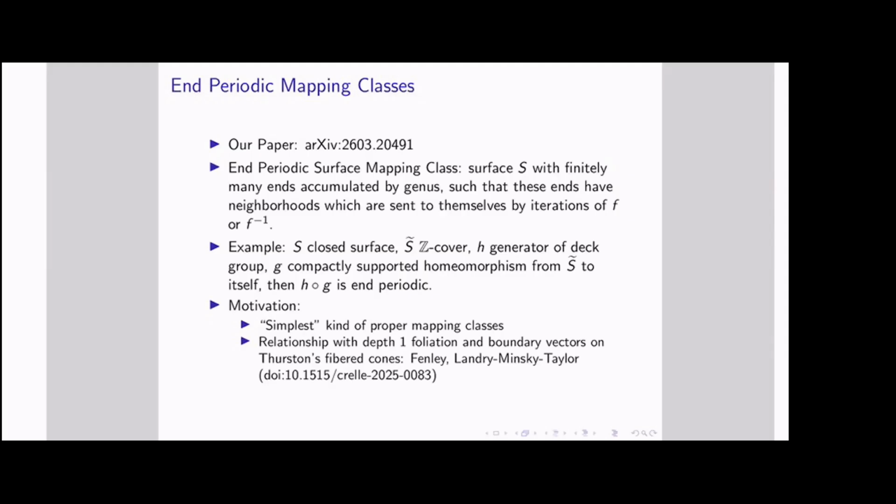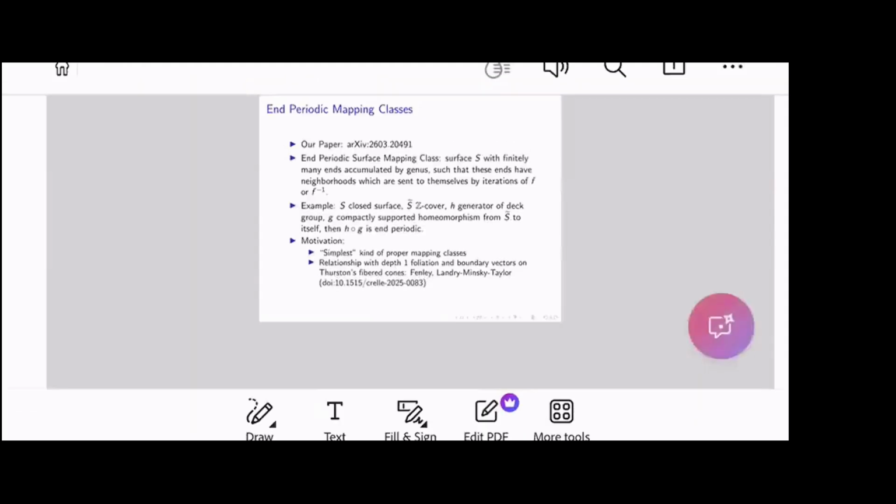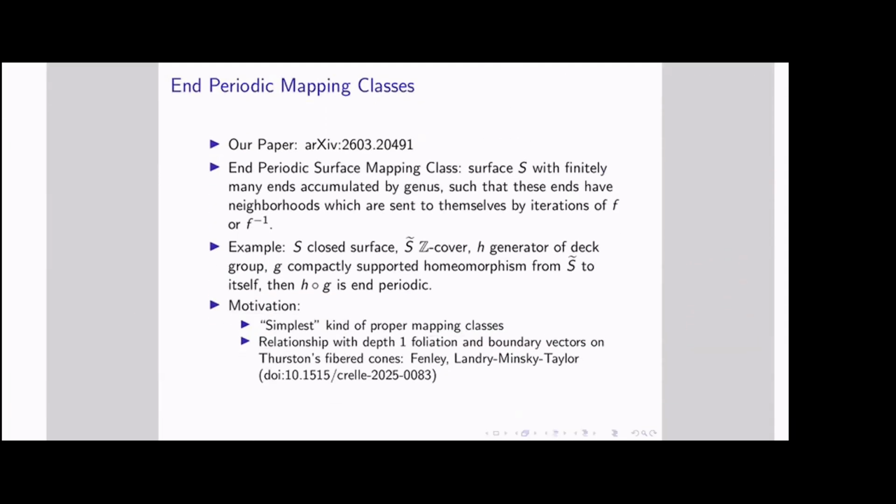And then we say that we have a homotopy equivalence or a homeomorphism from a surface without puncture but infinite genus to itself. We say that this is an end-periodic surface map if it satisfies this property: we can consider a neighborhood of each end, and if we raise f to some power, then that neighborhood will get sent to either a strictly smaller neighborhood or a strictly larger neighborhood.